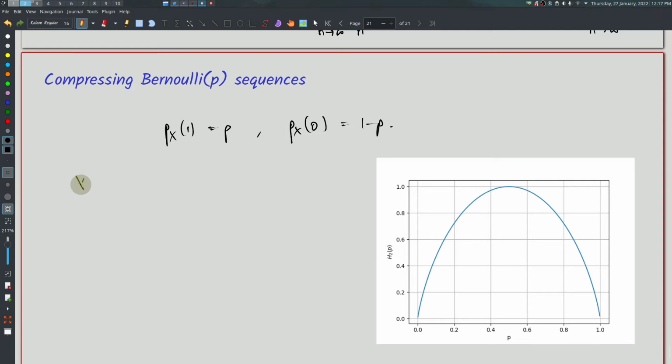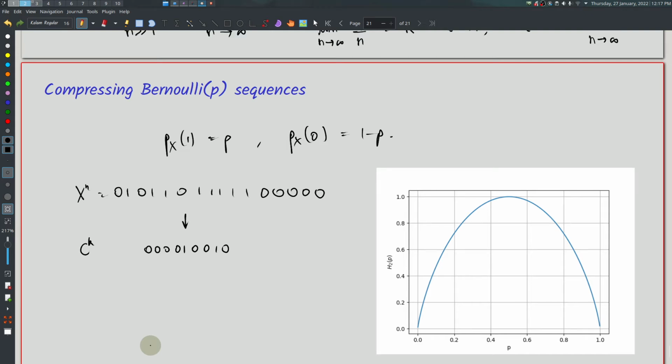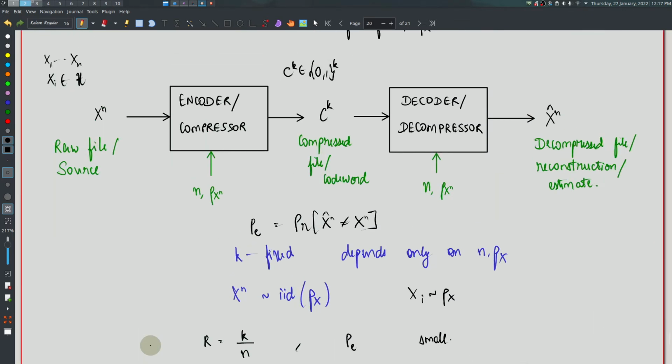Each x^n will be just some binary sequence, and the goal is to compress this n length binary sequence into a k length binary sequence where hopefully k is smaller than n. Okay, so that's going to be our goal for today. Any questions regarding the setup?